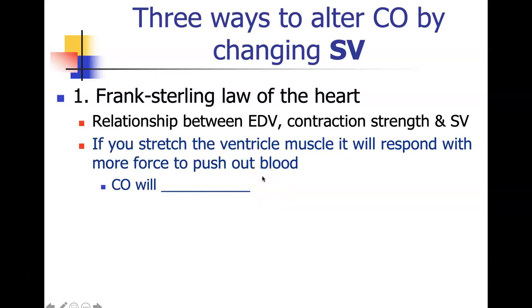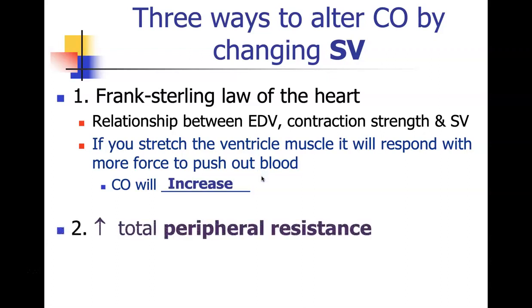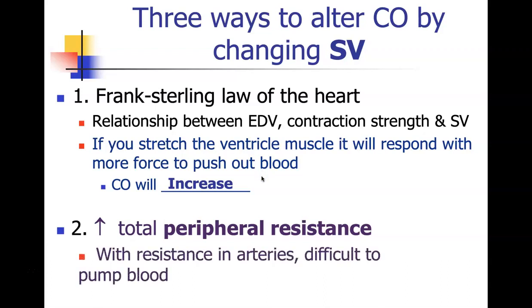So stretch the muscle, makes it have more force to push out blood, which means cardiac output will increase. The second way to alter cardiac output by changing stroke volume is by increased total peripheral resistance. So when you have peripheral resistance in the arteries, it's difficult to pump blood from the heart, and so cardiac output will decrease.